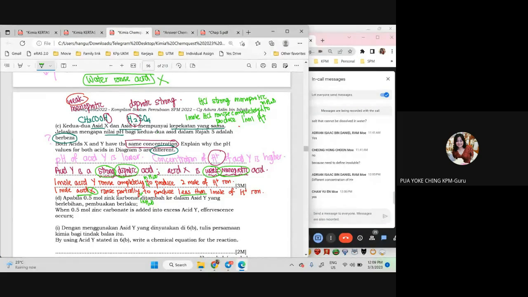Okay, it's not the water that ionized the acid, but it's the acid ionized in water. Kalau you tulis water ionized acid, it's like H2O is the one who become H plus and OH minus. Okay, so it's different. So don't confuse and don't mix up.